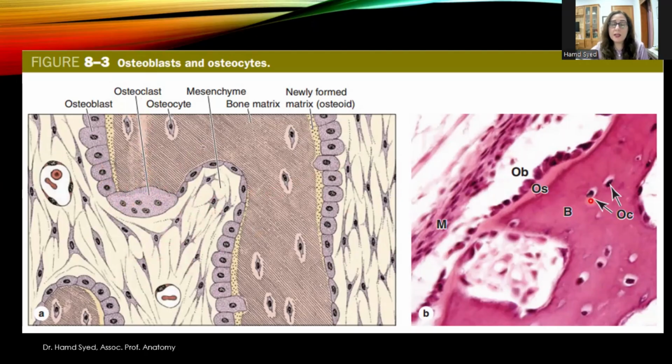Now let's look at the stained section. Let's look at the histomicrograph of osseous tissue. And here we can see the osteocytes in the lacunae. This is the bone matrix. And here you can see the osteoid, which is the unmineralized bone matrix. You can see it is light pink in comparison to this darker acidophilic region.